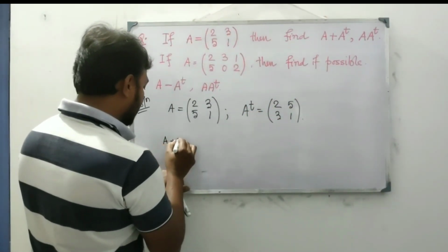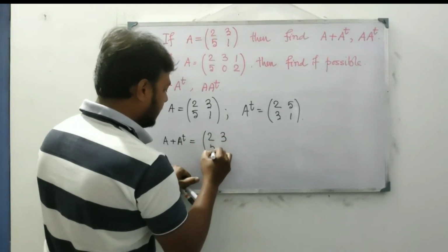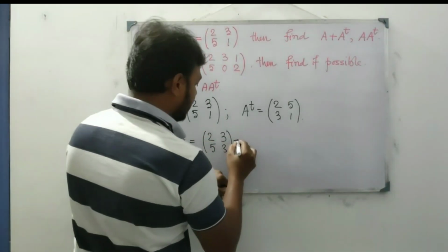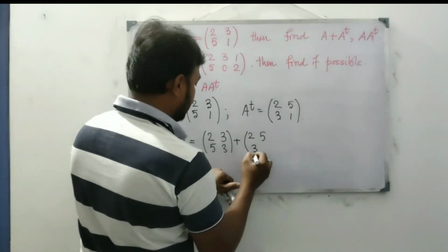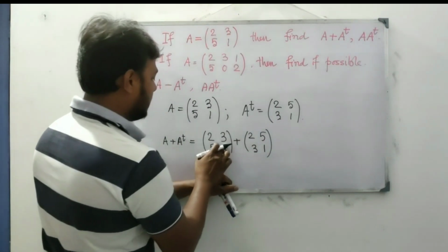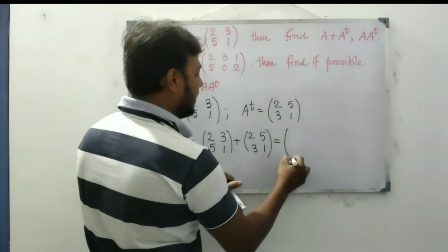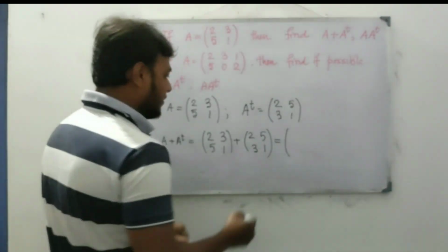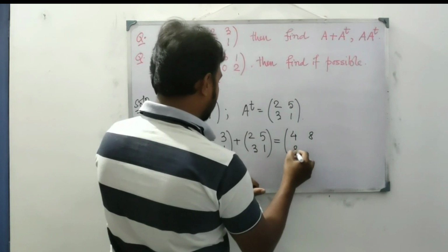A plus A transpose means, A transpose itself is a matrix, so matrix A, [2 3; 5 1], plus the value of A transpose, which is [2 5; 3 1]. Now add the corresponding entries as usual, matrix addition. So 4 8, 8 2.